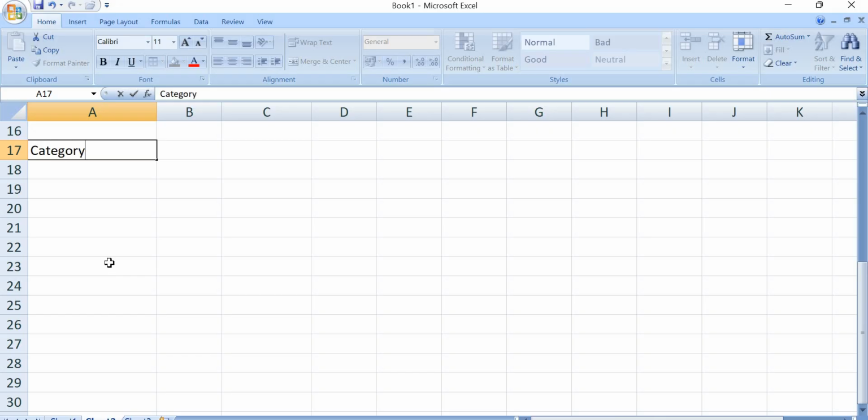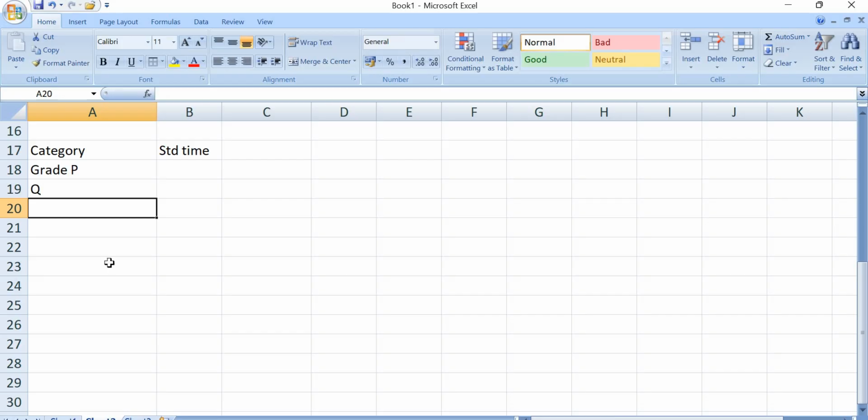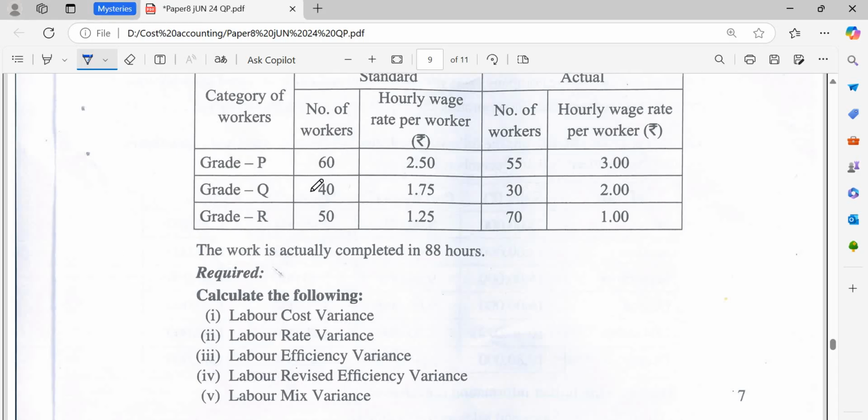Okay. So we have a category, and here I will be having standard time. So category grade P, Q and R I am having, right? So for grade P I am having 60 workers.